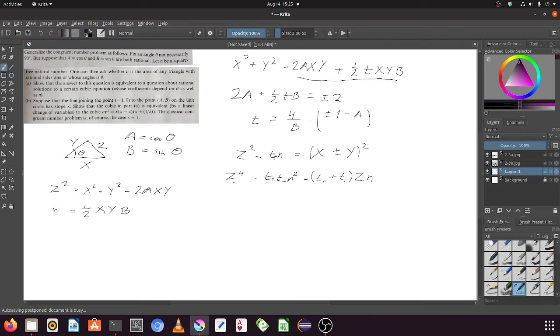That times that one, that times those, minus those two, and the product of those two. So we have to compute these two.